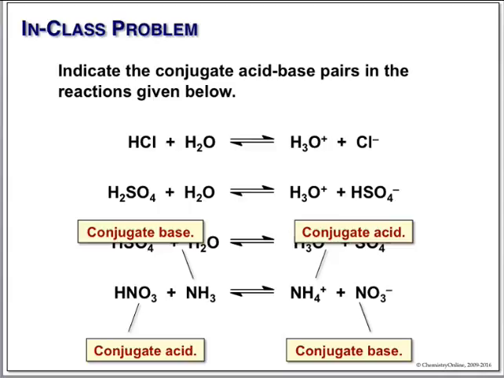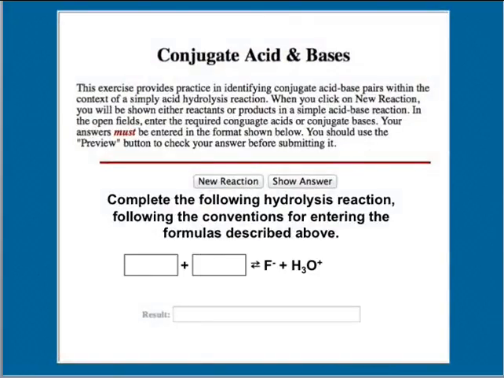Now, there happens to be a neat little tutorial for this called conjugate acids and bases. In this, you have blanks that you're supposed to fill in to complete this equation.